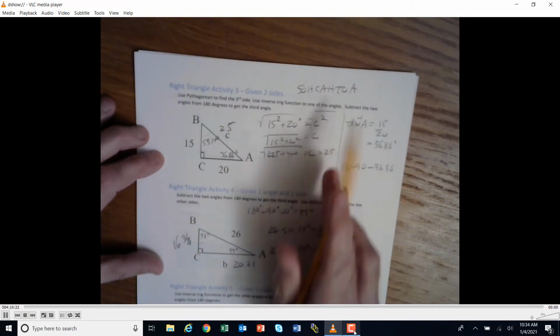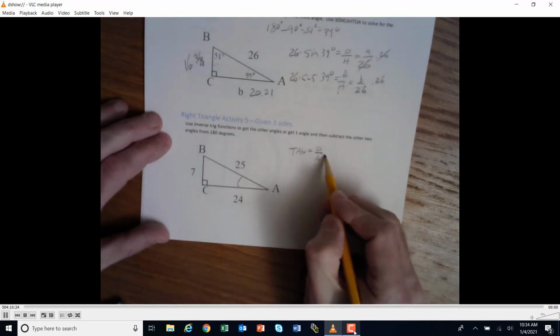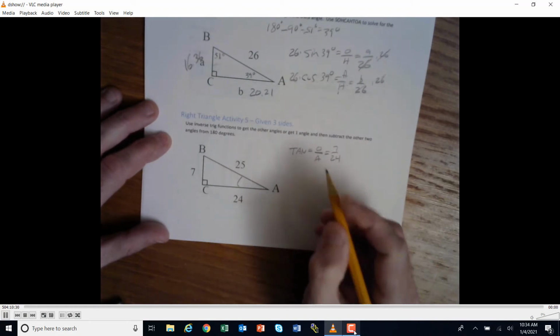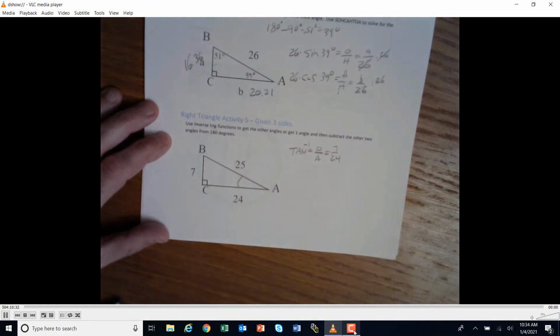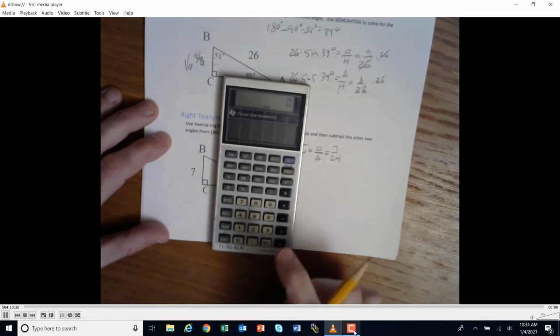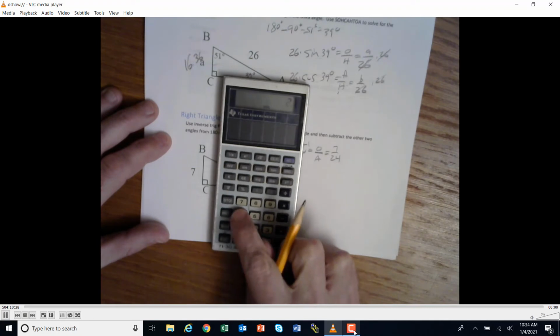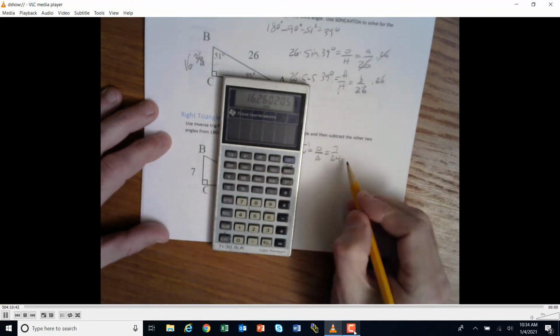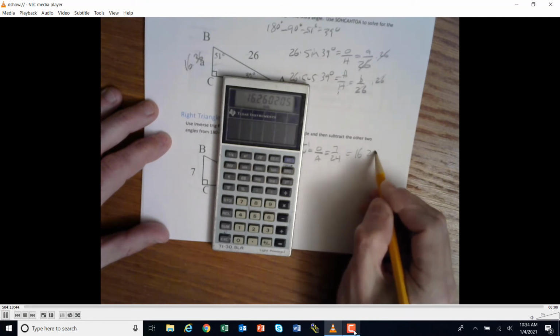Tan is opposite over adjacent, which is equal to 7 over 24. We need to take the inverse of this to get the angles. When we're solving for angles, we take the inverse. So I get 7 divided by 24, I'll hit equals, I have my inverse tan, and I'll get 16.26 degrees.